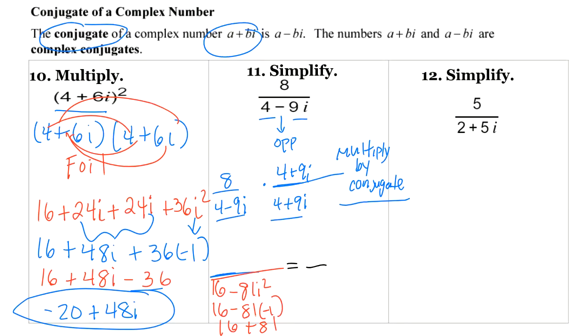So I have 97 in my denominator. Now I'll go to the top and just multiply that out. So 8 times 4 is 32. 8 times positive 9i is 72i.